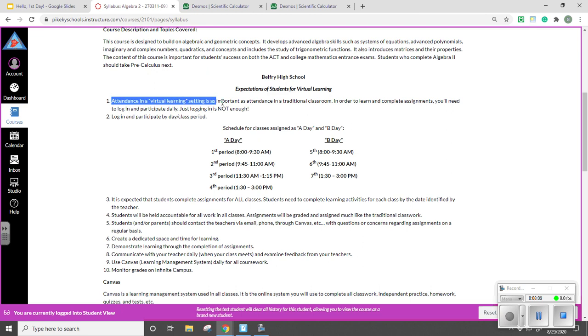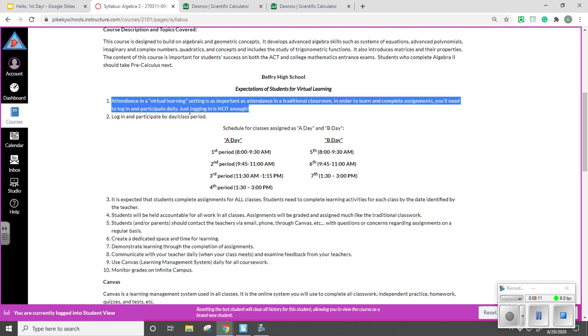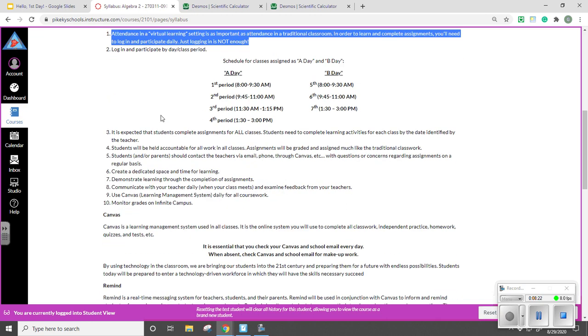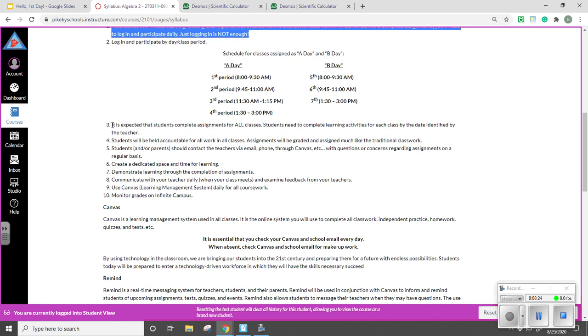Make sure you are active and participating in your classes on the days they're supposed to be for all class periods. We talked about the schedule already and making sure you participate in the class. And it is expected for you to complete all your assignments for all your classes. It says students will be held accountable for all work in all classes. And assignments will be graded and assigned much like traditional classwork.